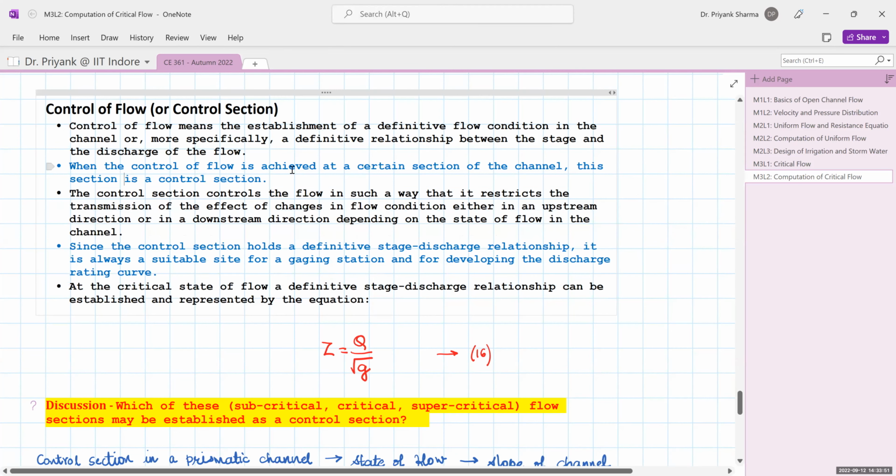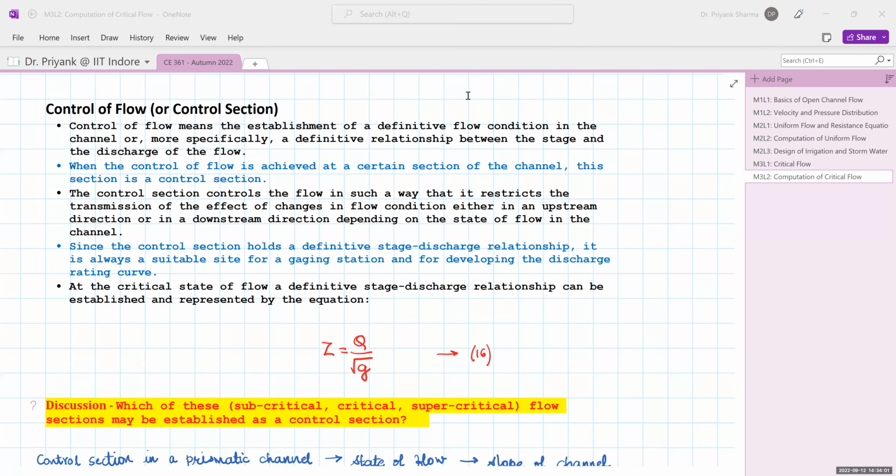So when the control of flow is achieved at a certain channel section, the section is called a controlled section. So it is called a control section. So a control section usually restricts the flow in such a way that the transmission effects or the changes in the flow conditions that happen either on the upstream or the downstream would depend upon the state of flow.